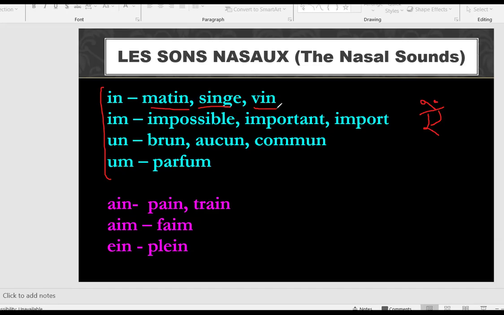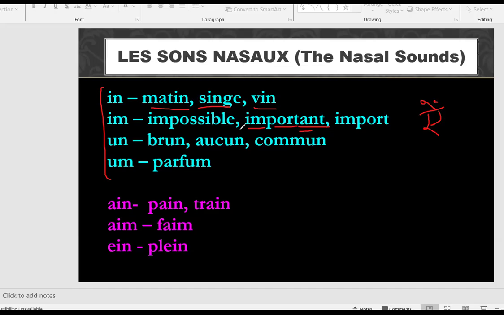Next, impossible. It is a long word, so try to break it: impossible. Next, important. You have an AN sound as well.